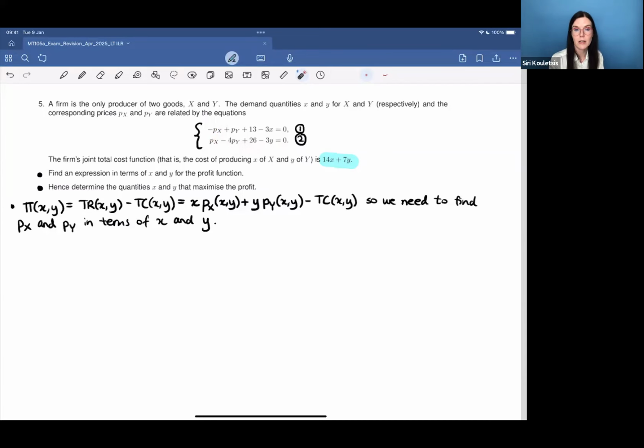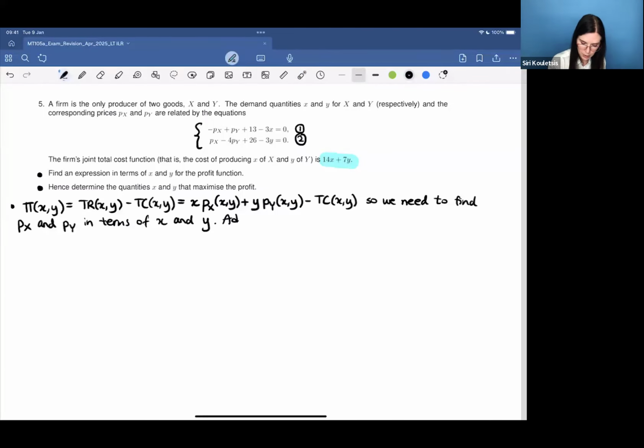So then that will give us, in other words, py in terms of x and y. And once we have an expression for py in terms of x and y, well, then we can substitute that in here and make px the subject, and then we'll have px in terms of x and y. And then we'll substitute those expressions in here, and we'll have the profit function.